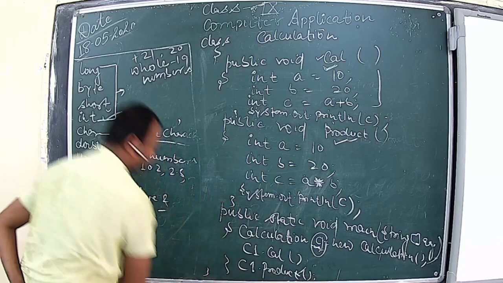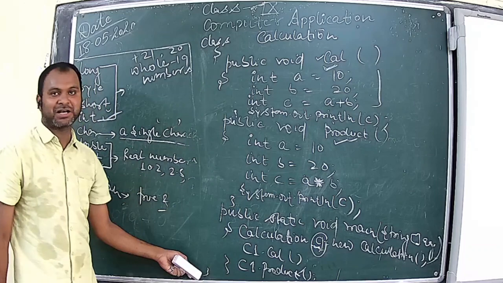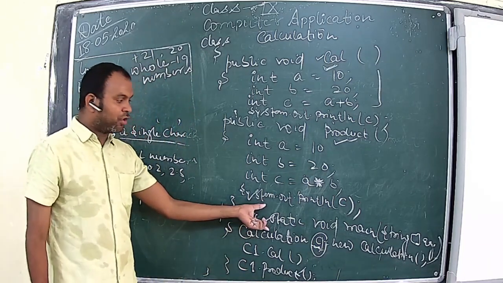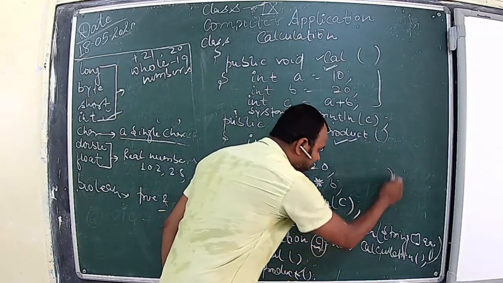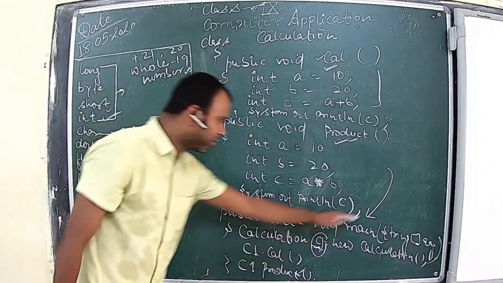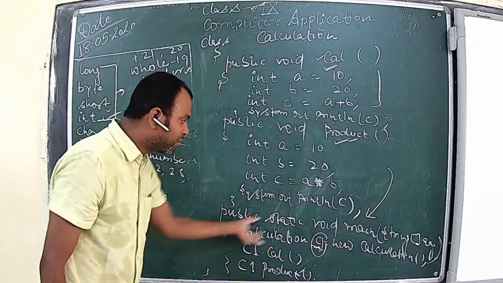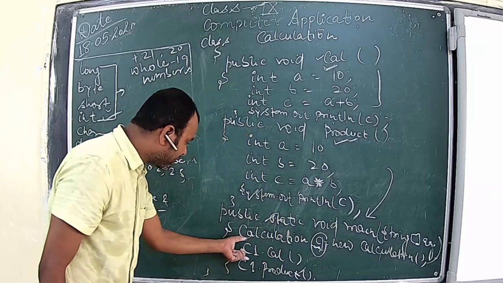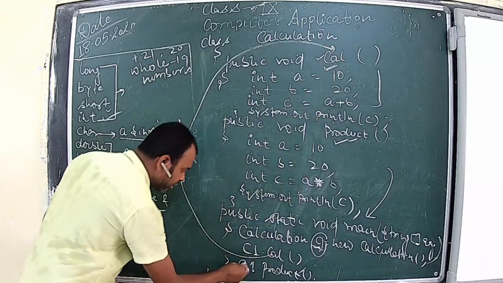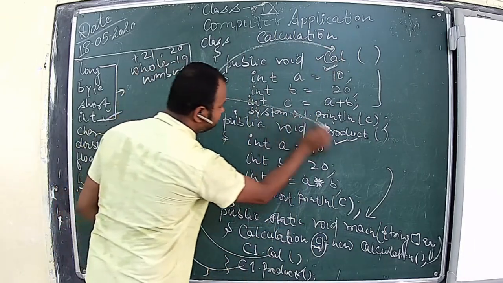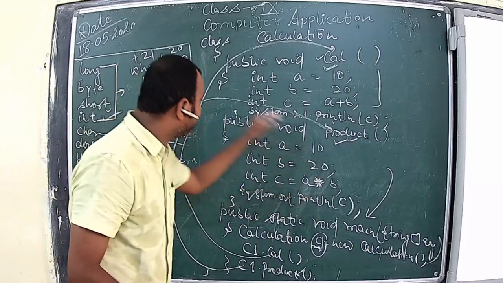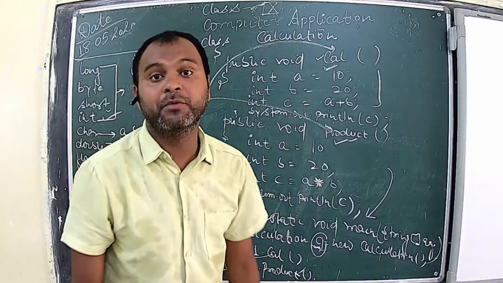Now the method is closed and the class is closed. As soon as you run this main method, because the main method is the entry point for your compiler, and as soon as you call these functions, automatically C1.add will call this function, and C1.product will call this function, and since we are printing with System.out.println in both functions, it will print on the terminal window.